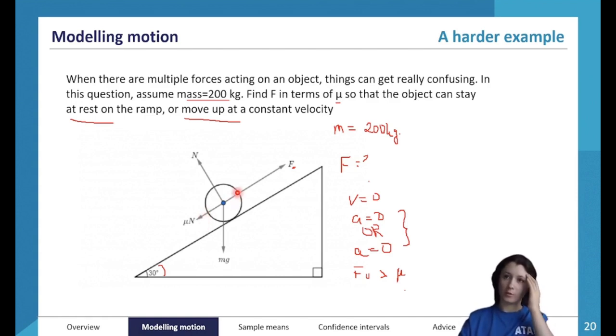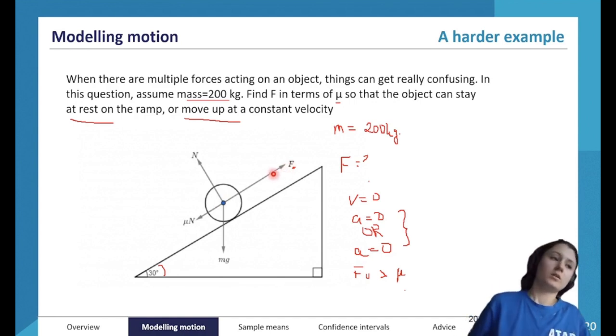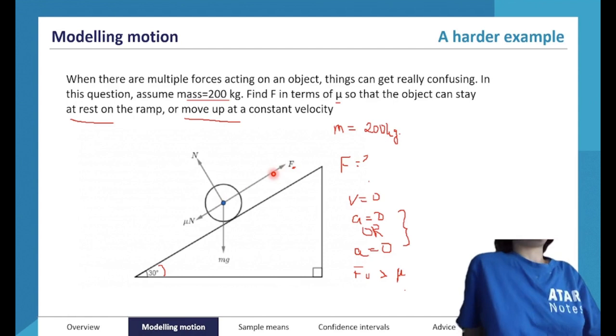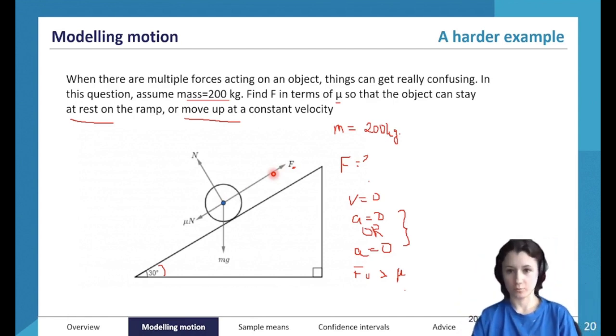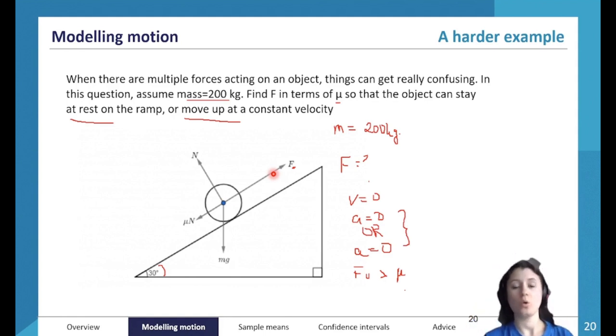Just one other thing I will mention is sometimes you'll also get talked to about friction. So friction can also be a force acting up the plane. Alright, because if there's friction, it's restricting the ball from rolling down. Or if the ball is actually rolling up, then the friction will be acting downwards.